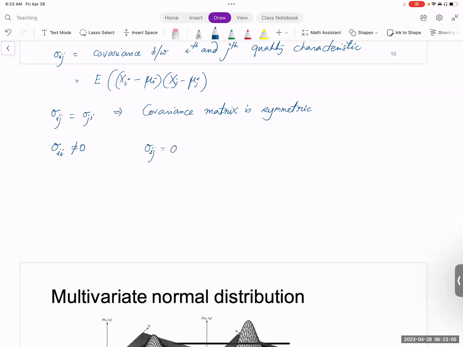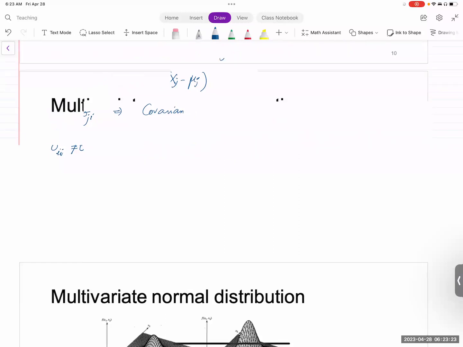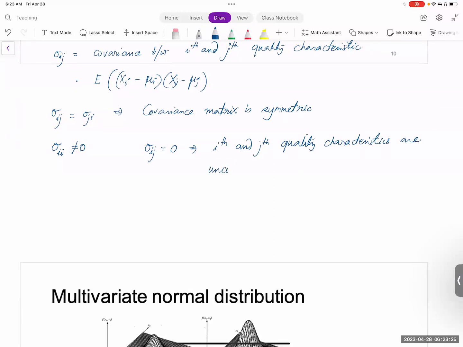If sigma ij is 0, this means that the ith and jth quality characteristics are uncorrelated. That is something that you should just try to remember.